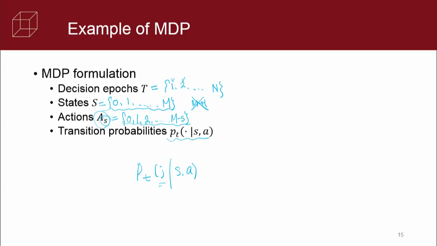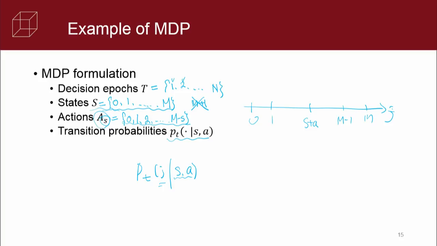So you need to specify all possible values of j. So j belongs to this state space. It can be 0, it can be 1, up to M minus 1 and M, and you can consider the transition probability given s and a. So let's think about this as s plus a.